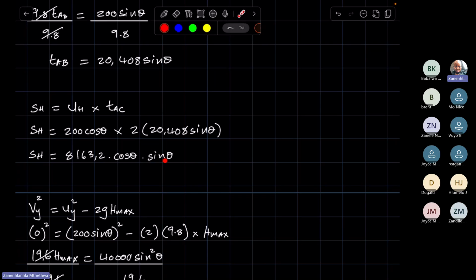So this, for instance, would be 8163,2 times cos theta, which is 38,66, times sine 38,66.